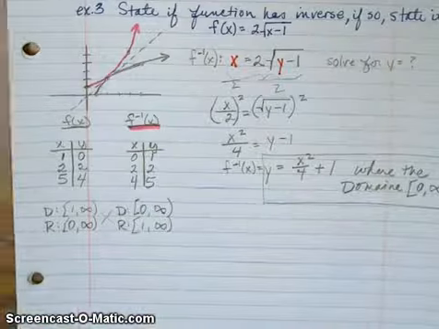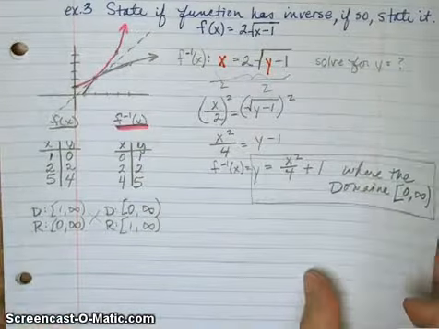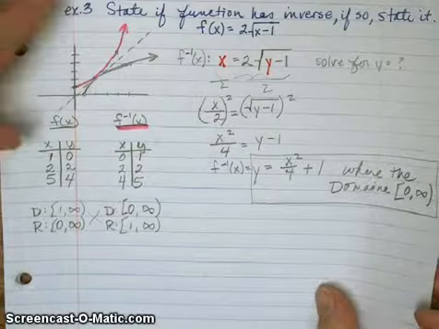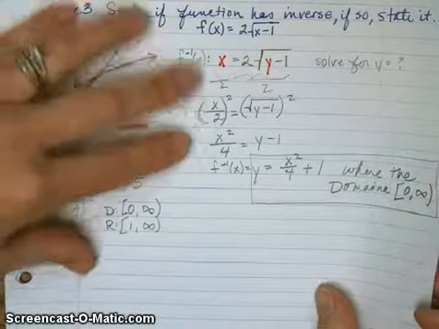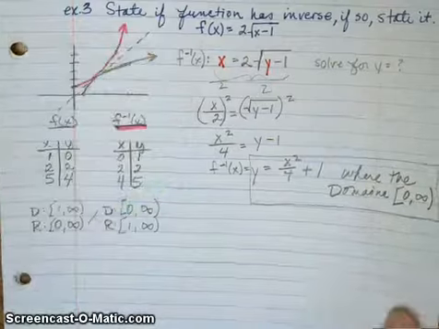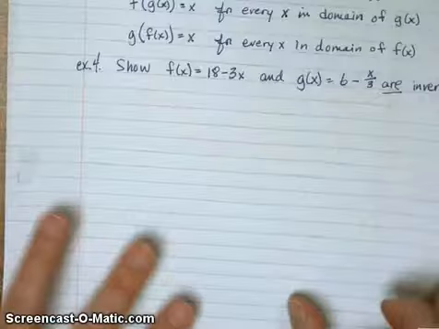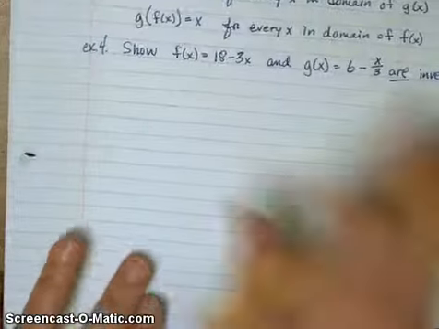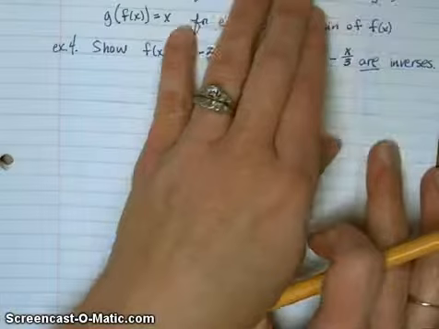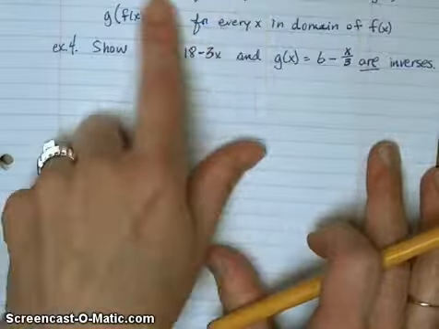We're going to do another example, our last part of the lesson. So we dealt with, is it a function? Does it have an inverse? Now let's talk about composition of inverses. The composition of inverses is true if you have functions f and g, if they are inverses of each other.